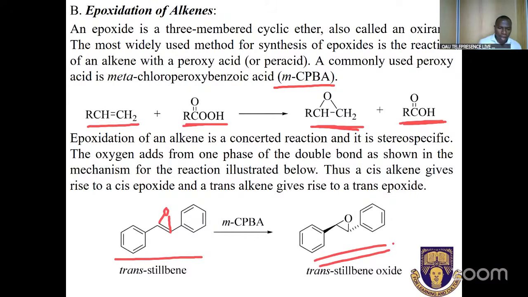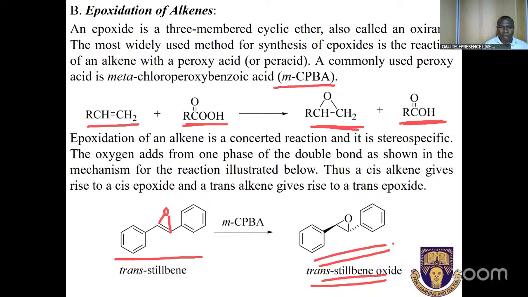The reaction is actually concerted. In other words, the electrons flow simultaneously: as it forms the bond to the oxygen on the one hand, the other one is also forming almost immediately, leaving us with a product like trans-stilbene oxide.